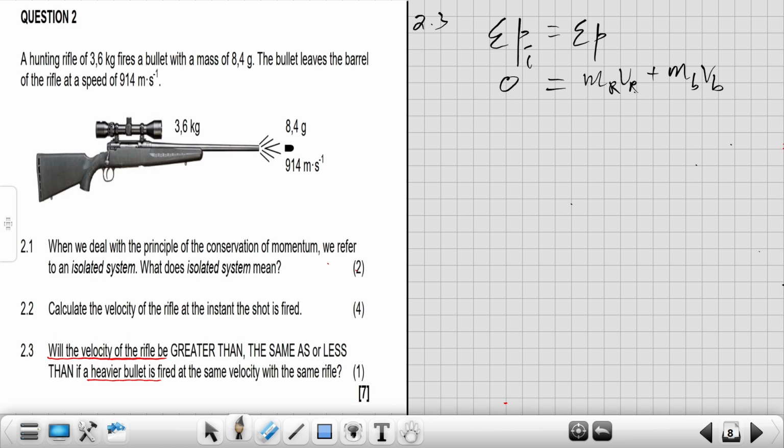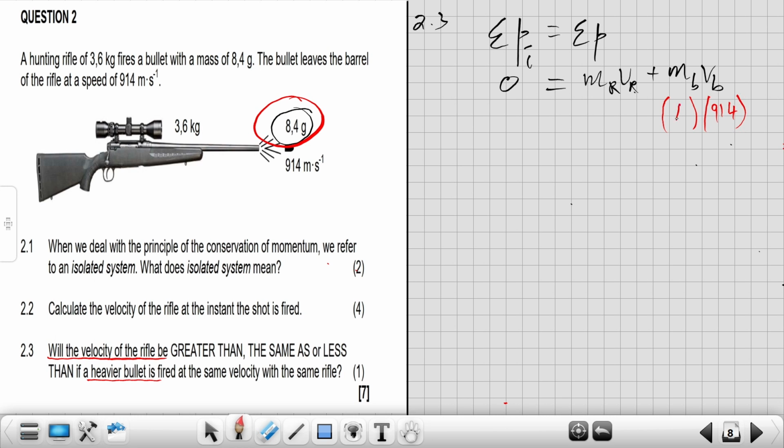So what will happen if I now decide to use anything bigger than 8,4? It will mean I am multiplying this mass here with the same velocity, which is 914.